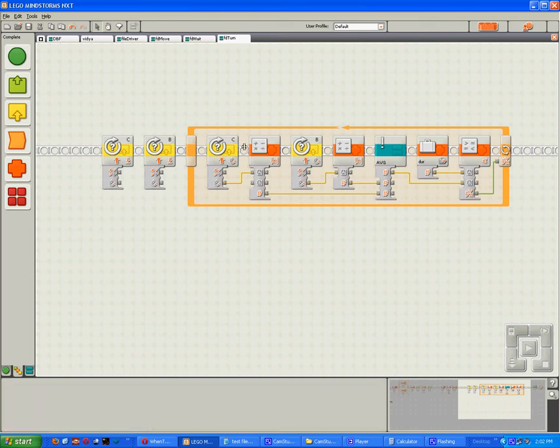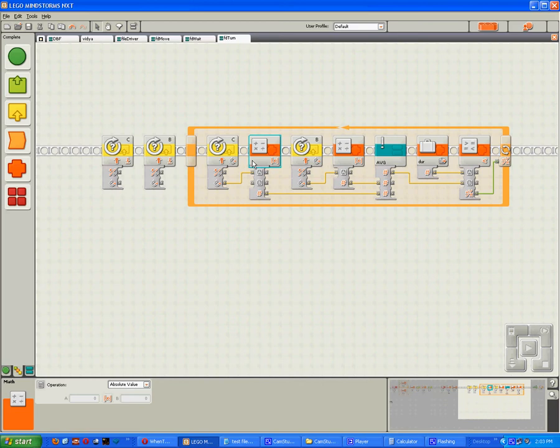Now, if you were to forget these absolute value blocks, which of course just turns it positive if it was negative, you would see that this turn does not work. That's because one motor is going forward and the other motor is going backwards. So one of them has a positive rotation, the other one has a negative rotation. If the one going forward has a slightly faster speed, if you were to leave it there for long enough, it would work eventually, because it would eventually overtake the other motor.